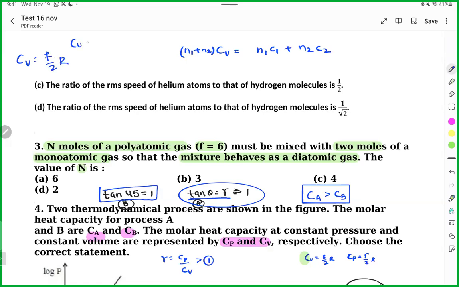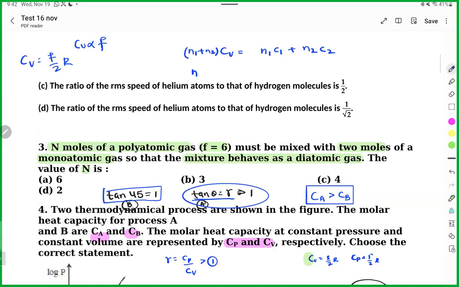So can we say CV directly depends upon F, degree of freedom? Can we also write N1 plus N2 degree of freedom is equal to N1 degree of freedom and N2 degree of freedom? Reason is this. Degree of freedom will decide CV value. Yes or no, guys?